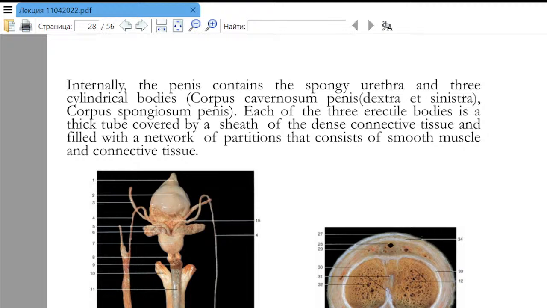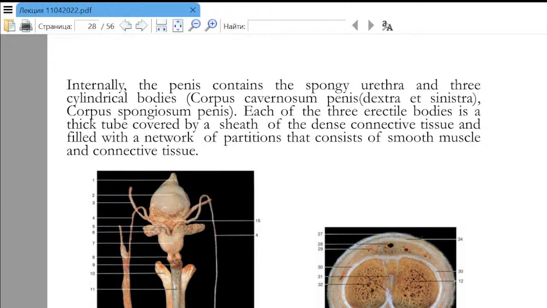Internally, the penis contains the spongy urethra and 3 cylindrical bodies.